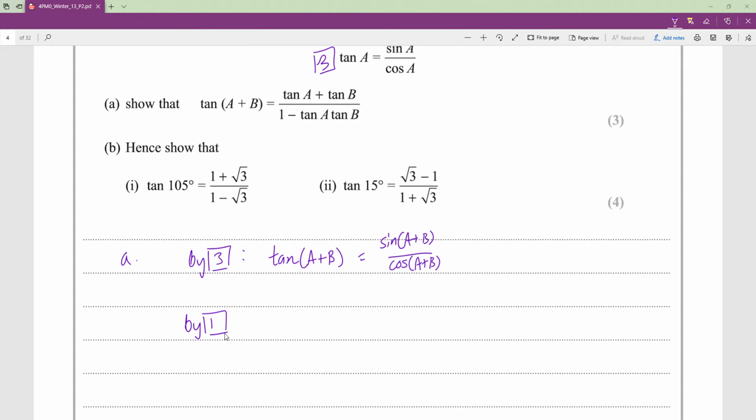By identity number 1, tan A plus B is then, or rather we can put these in one step. By identities 1 and 2, tan A plus B is sine A cos B plus sine B cos A over cos A cos B minus sine A sine B.